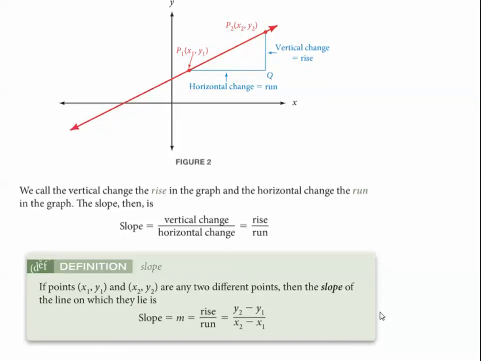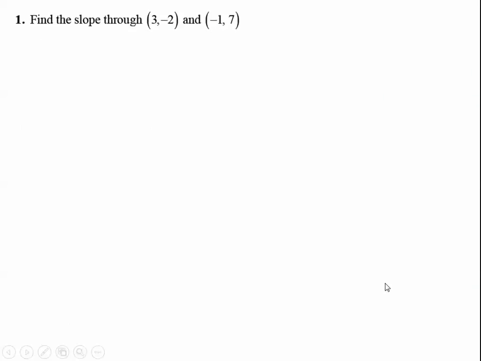So let's try one together here. Normally what we do is we just label, and the first point we come to, that's going to be point 1.